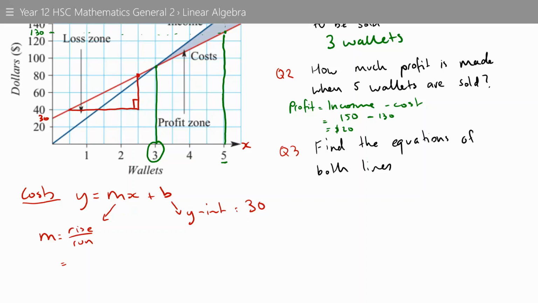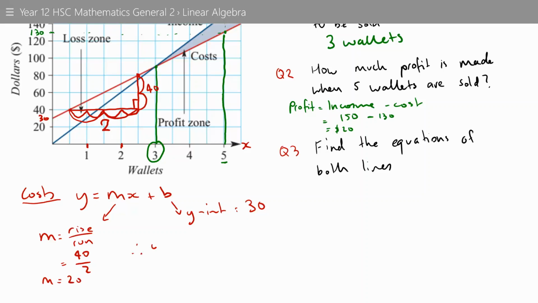What is the rise? Going up there, the rise is 40. The run is going across 4 units, but notice 1 unit from 1 to 2 is 2 spaces. So the run is 2. So 40 over 2, the gradient equals 20.